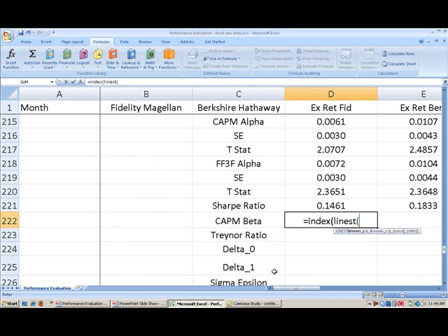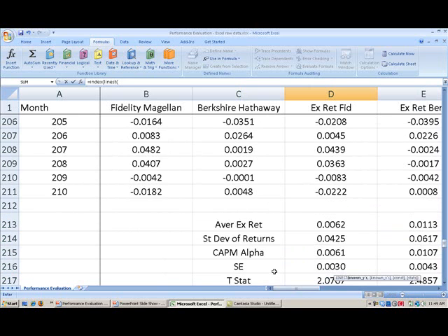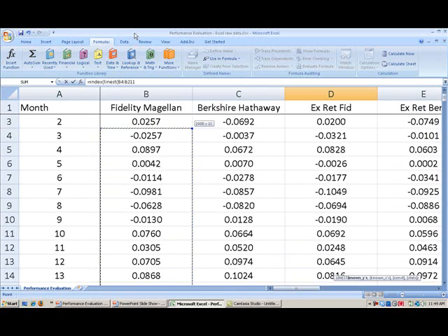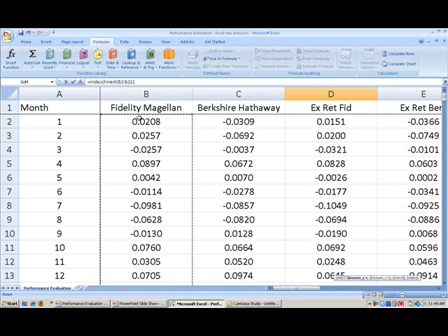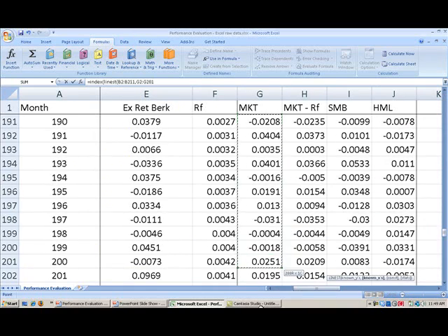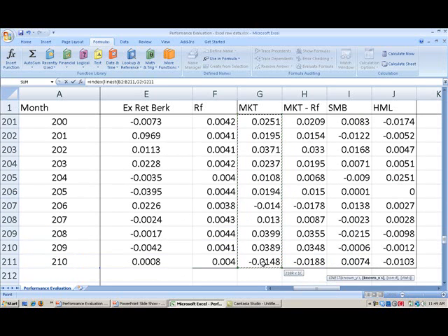We're using the market model, so we need to select the raw returns for Fidelity. And we're going to regress those returns on the market returns. We want to include a constant, and we want statistics.